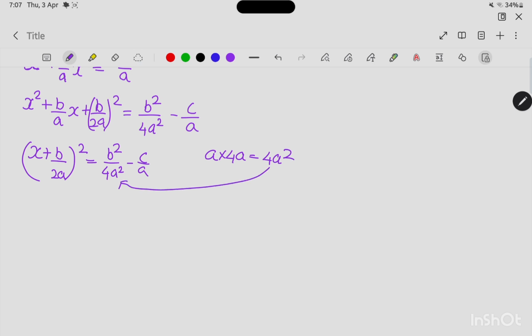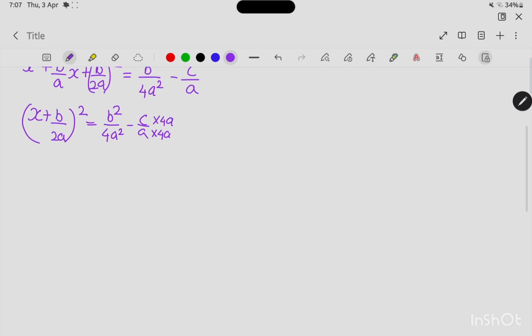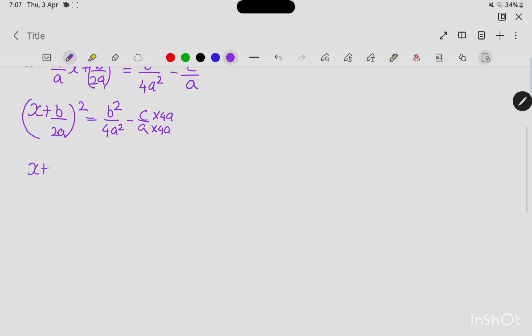So I'm going to multiply the denominator of this one by 4a and also the numerator. I will get x plus b by 2a the whole square equal to b square minus 4ac divided by 4a square.